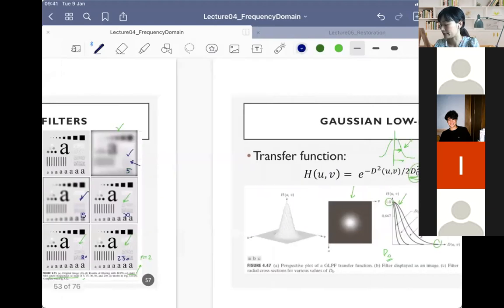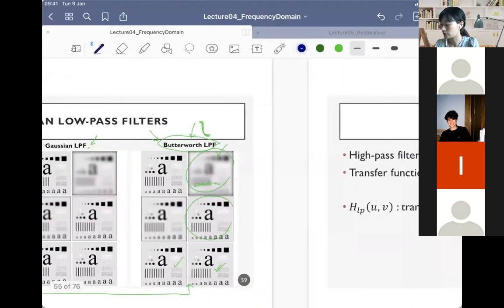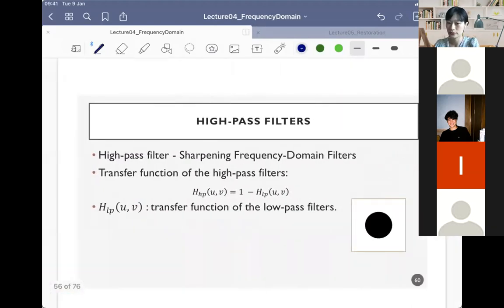So I'll continue now if there are no other questions. The next one is the high pass filter. The high pass filter is the inverse of the low pass filter. For a high pass filter, we want the higher frequencies to pass through the filter.